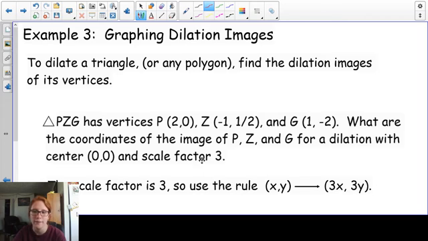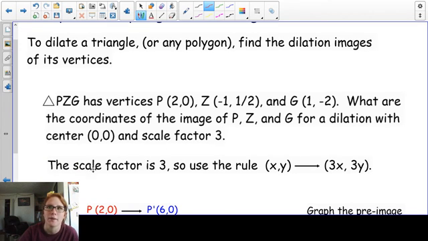So I'm going to dilate that with a scale factor of 3, which means, am I going to get bigger or smaller? Bigger, good. I'm going to take all of my original points and multiply them by 3.